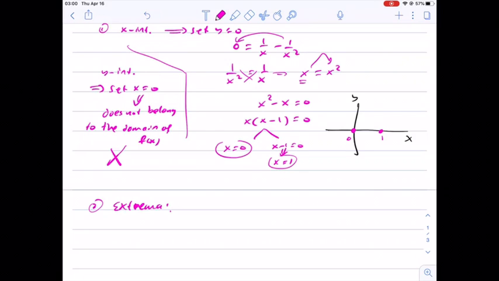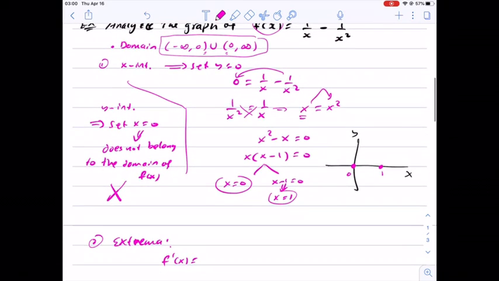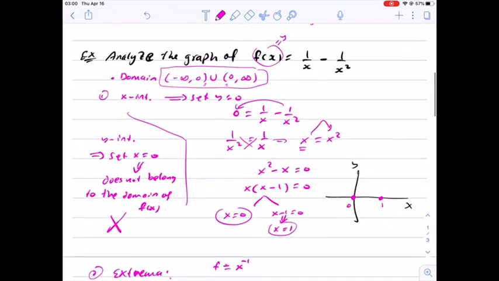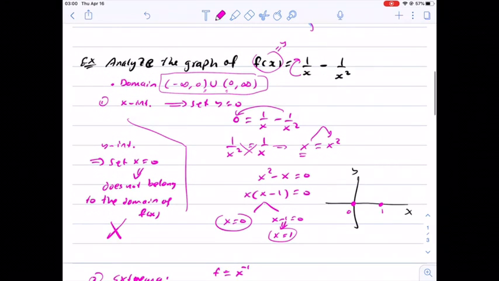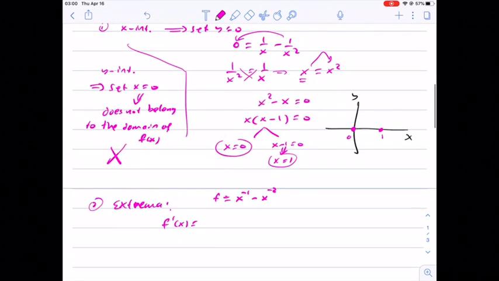To determine the extrema, I mean maximum and minimum, we need to find the derivative, because these are applications of the first derivative. The function is 1 over x minus 1 over x squared. So we can write it this way: x to the power negative 1, and x to the power negative 2.